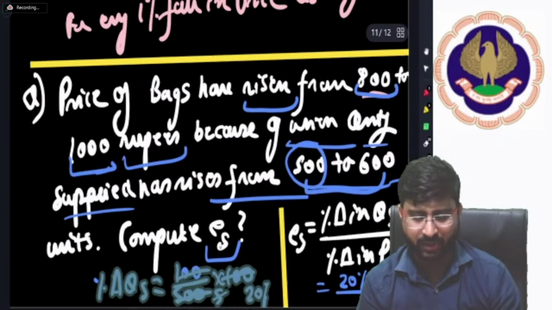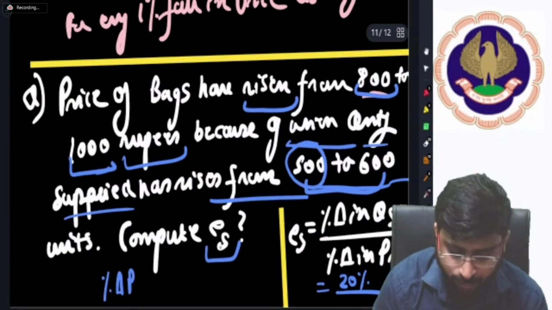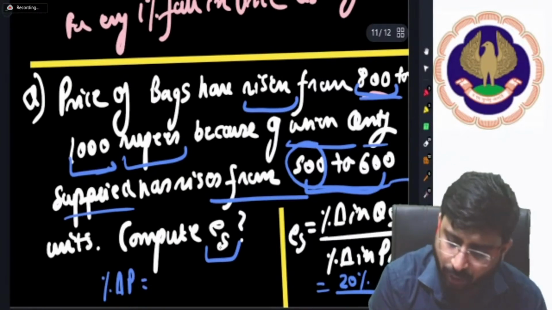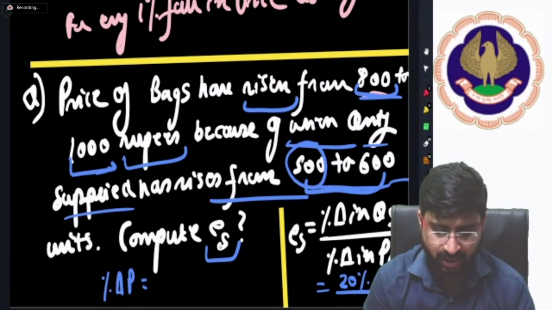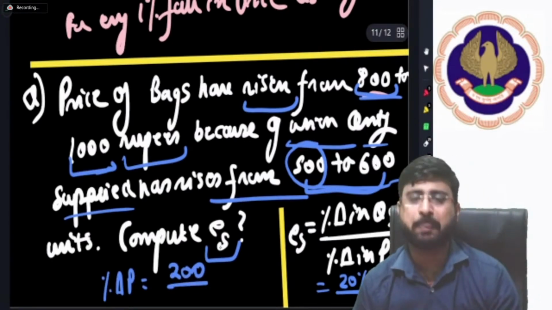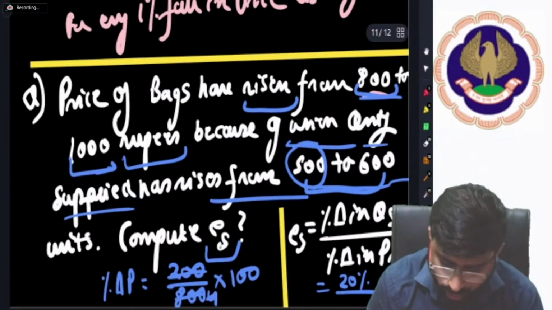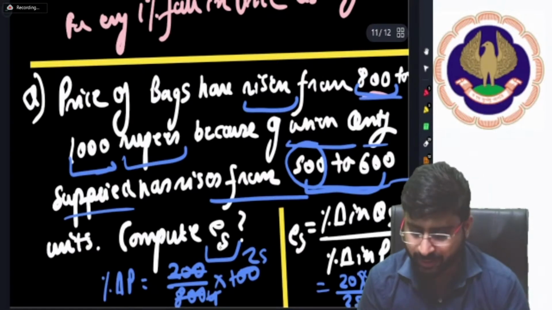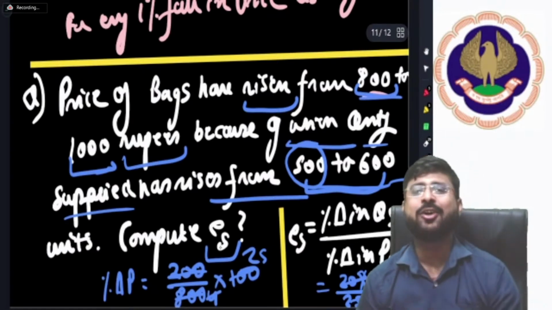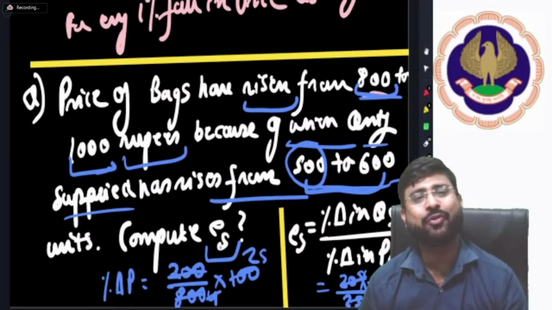Price has risen from 800 to 1000, so it has risen by 200. What was the original price? Original price was 800, so 200 by 800 into 100, that is 25%. Percent gone. 5 4s are 20, 5 5s are 25, so 4 by 5, 0.8. Elasticity will be 0.8. Yes or no, friends?